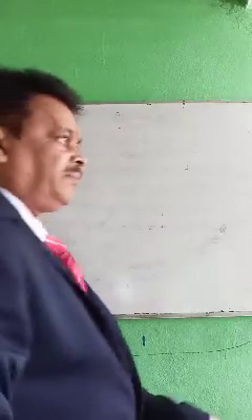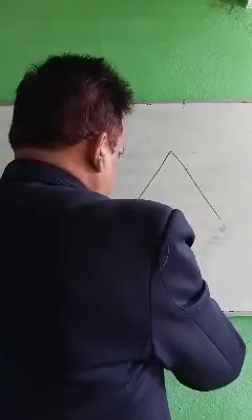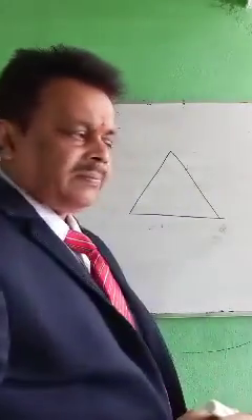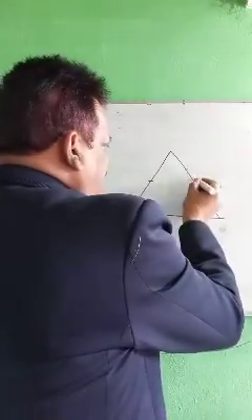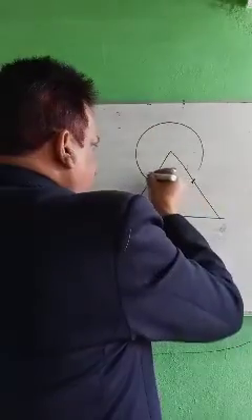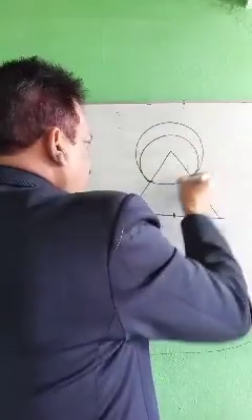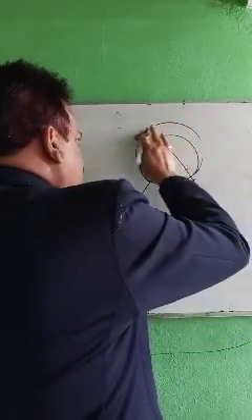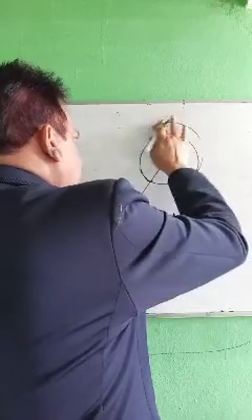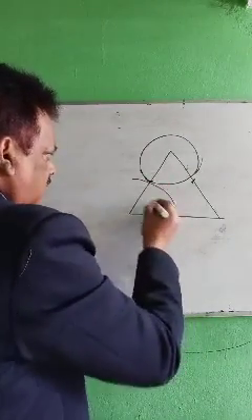There is an equilateral triangle. All sides are equal. Half of the side means one circle is drawn here. Another circle is drawn here.